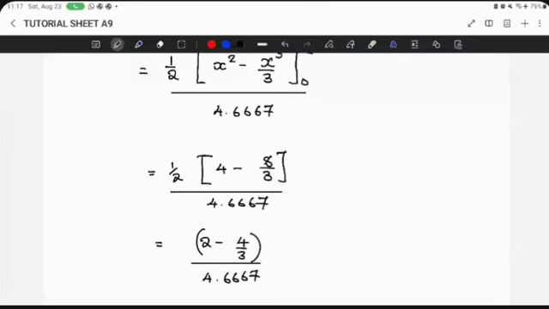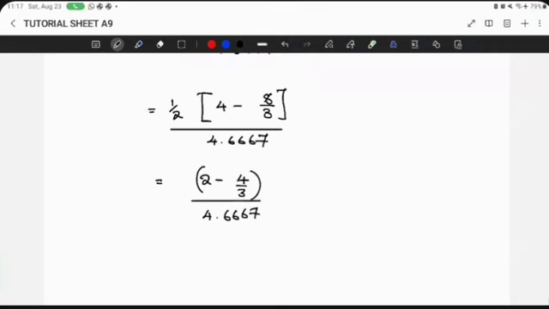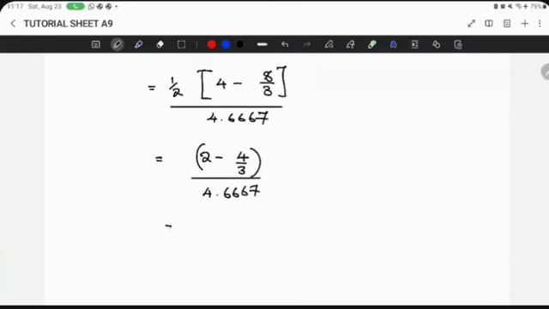Okay. Divide to get the decimal. Is it 0.143?